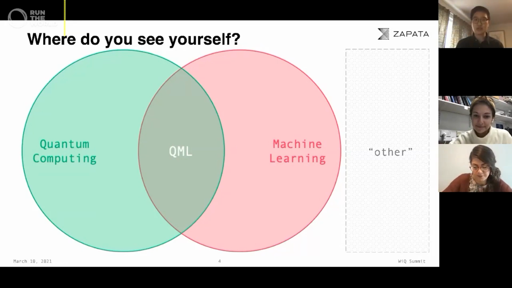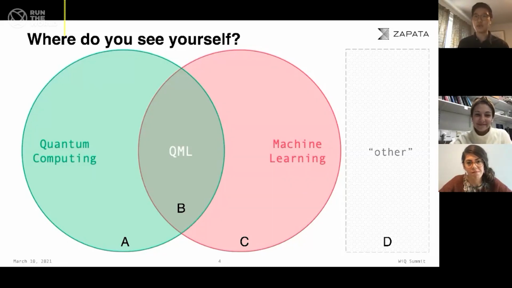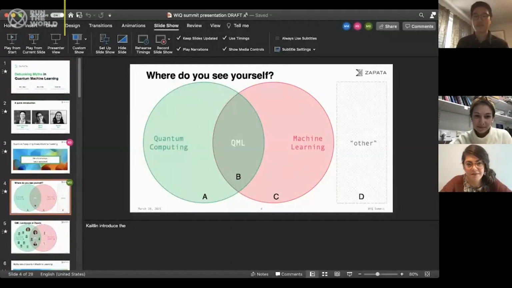We're going to start a poll in just a few minutes, but essentially, if you see yourself more in the quantum computing side of the Venn diagram, or your interests lie in quantum computing, you should vote in zone A. If your interests or your research is in QML, you should vote in zone B. If you're from a classical machine learning background, you should vote option C. And if you're in none of these fields, you should vote D. If you could just spend the next couple of minutes filling out the poll.